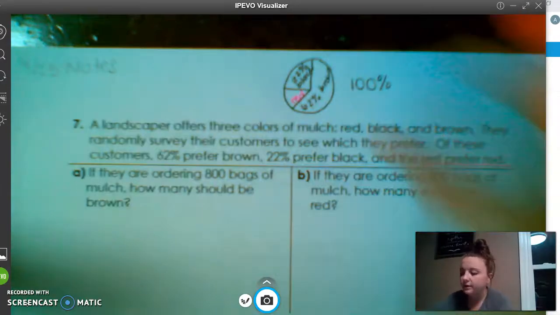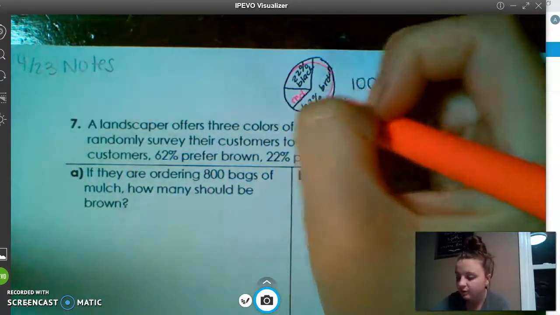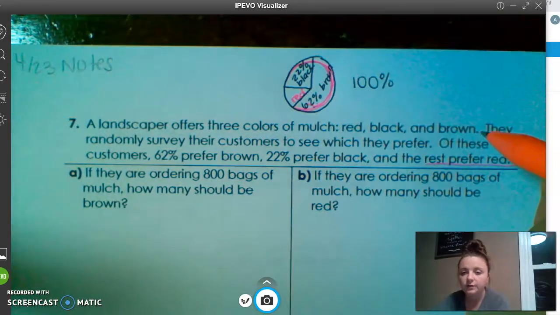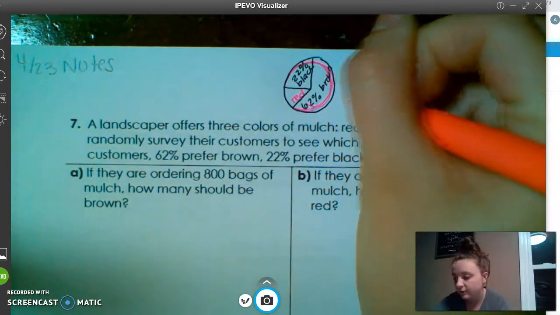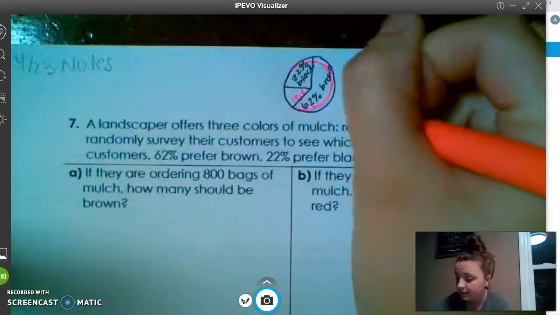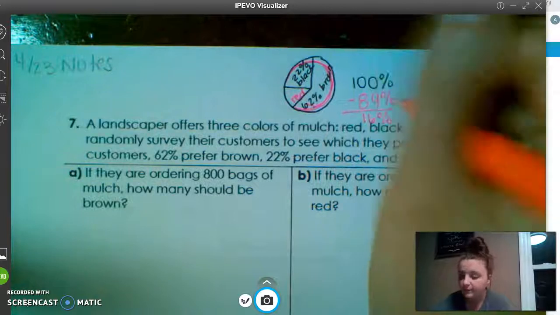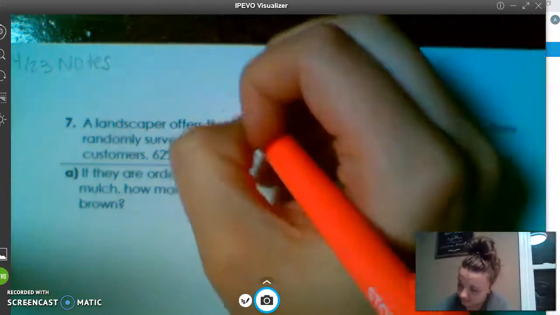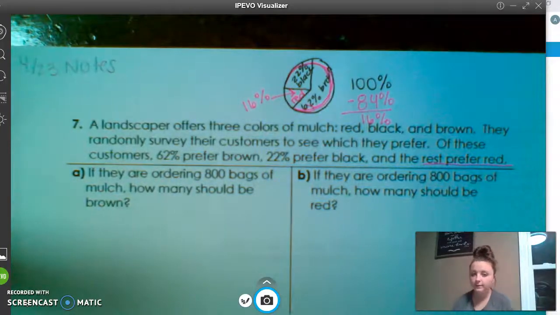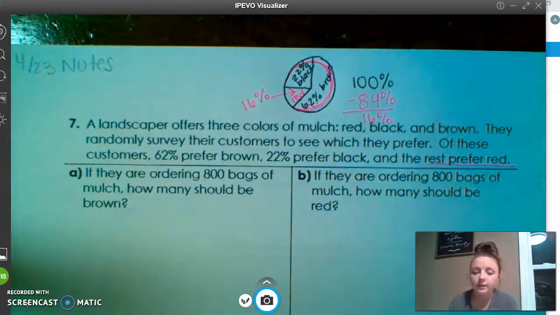So all of this is 84%. So if you do 100% minus 84%, we would have 16%. So red is 16%.